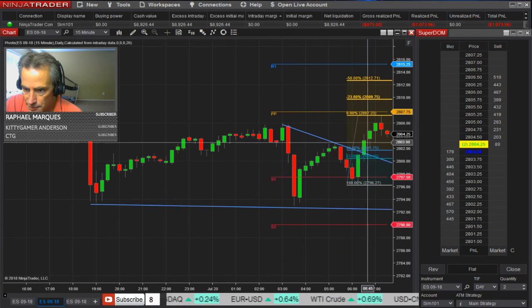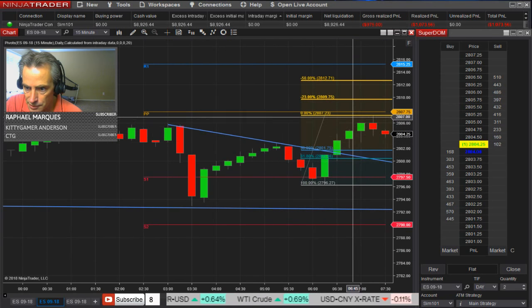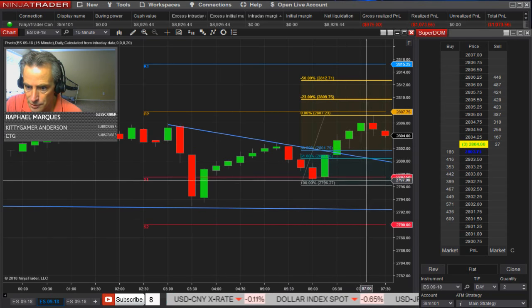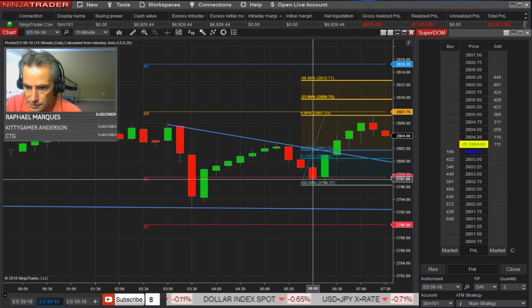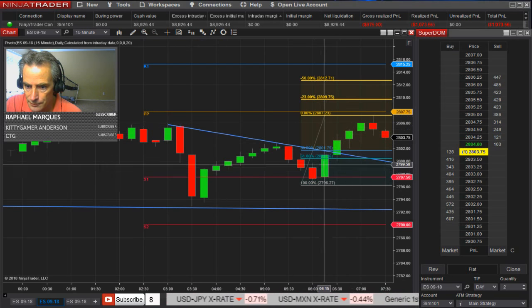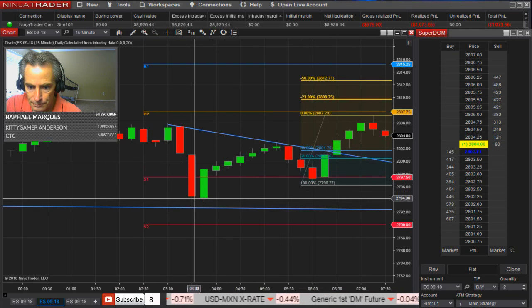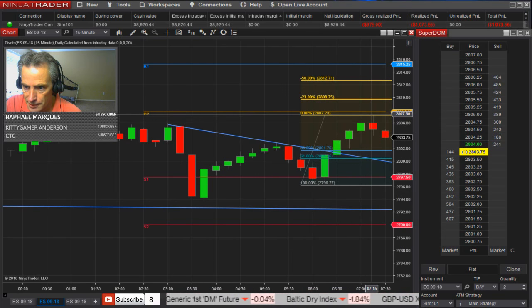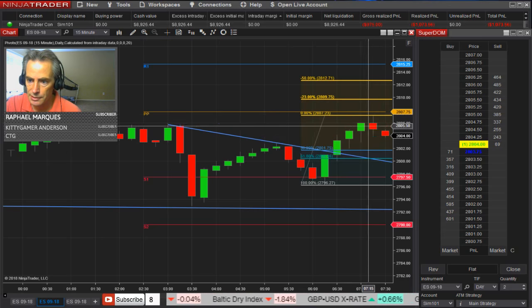And throughout the day, you can expect those to be resistance areas or support areas. As you can see, it popped right off that support. And now it just about came up to that resistance and came back down.